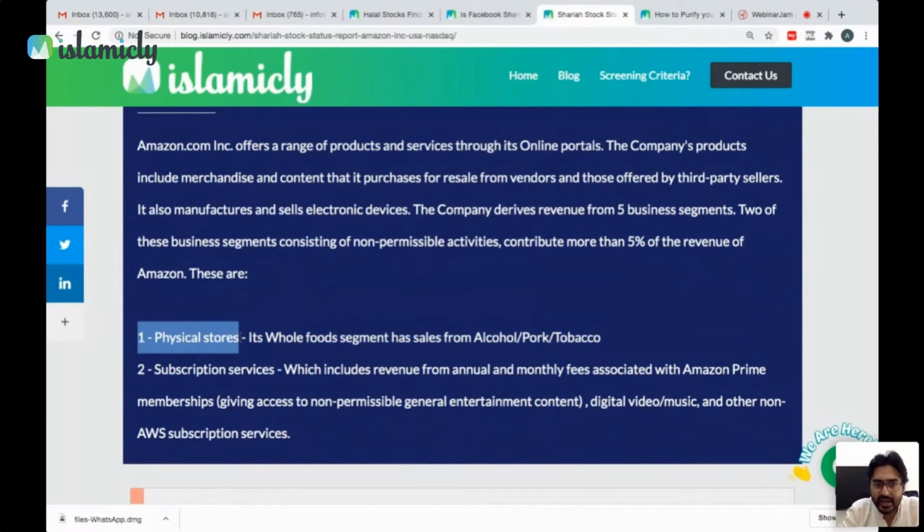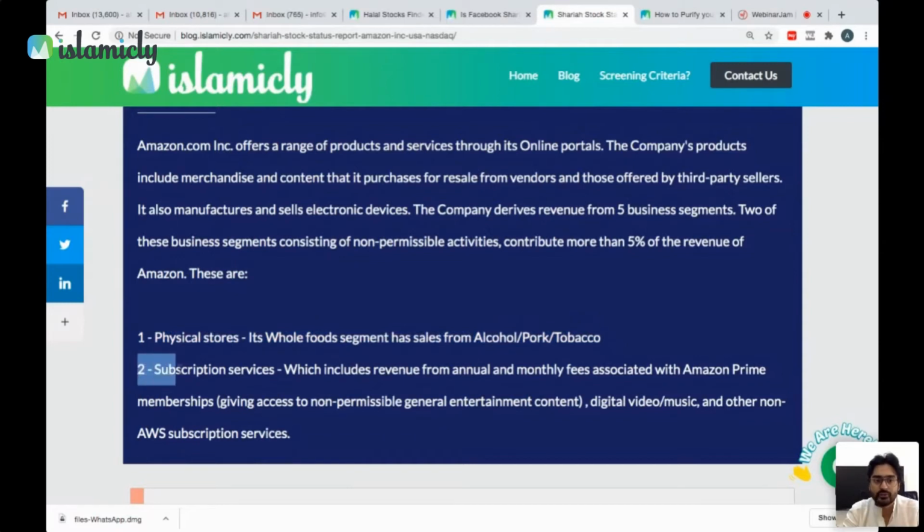Let's see problem number 1. The company derives revenue from a segment called physical stores. In the physical stores, it has recently acquired a company called Whole Foods, which is a supermarket chain, right? So its Whole Foods segment has sales from alcohol, pork, and tobacco. Wow, you got it?